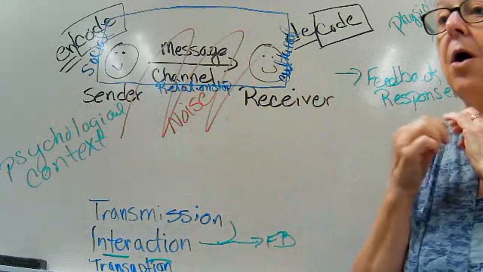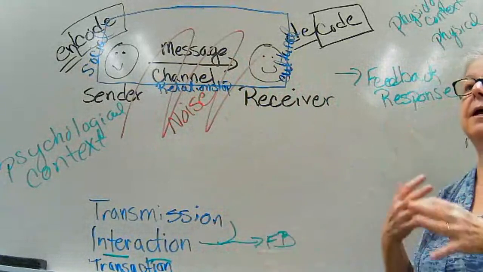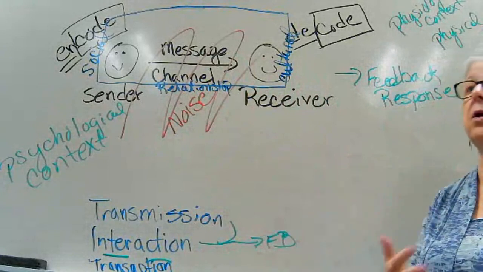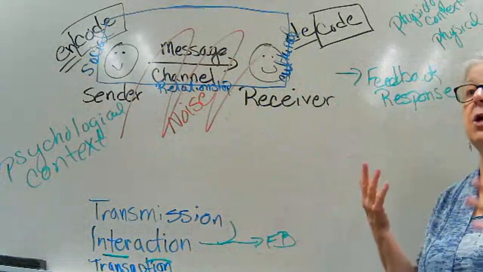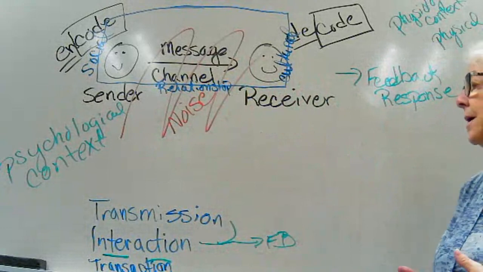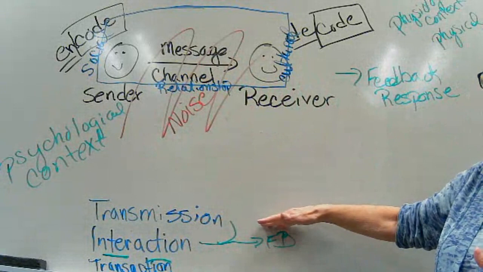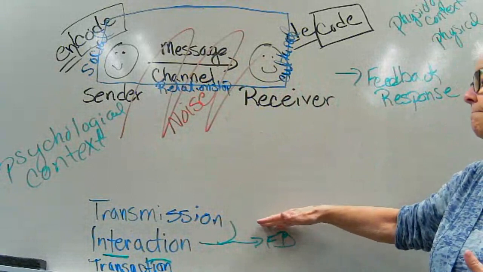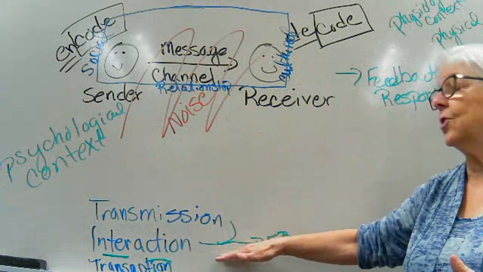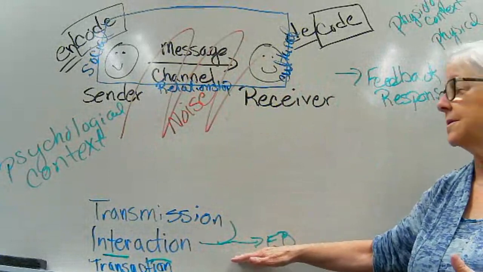Okay, so those are all concrete examples that illustrate, again, that this is all happening all the time, all at once. You sitting there in this classroom right now, it may feel primarily like transmission. And if you don't ask questions, there's really no interaction.